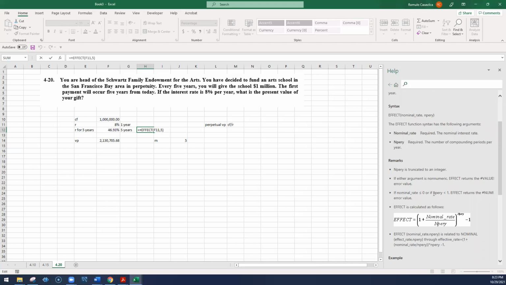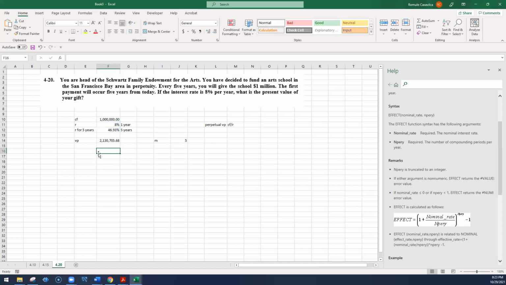I'll find out later if I can use this formula, but this is the easiest way: 1 plus the rate, no dividing, just compounding yearly. Here you divide by the compounding, so it's a different formula.